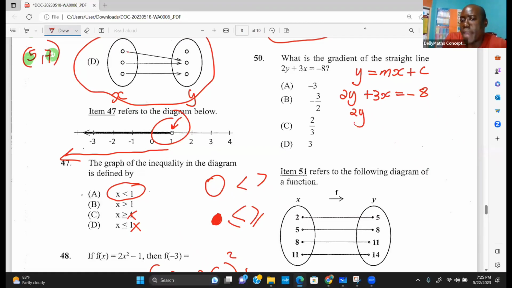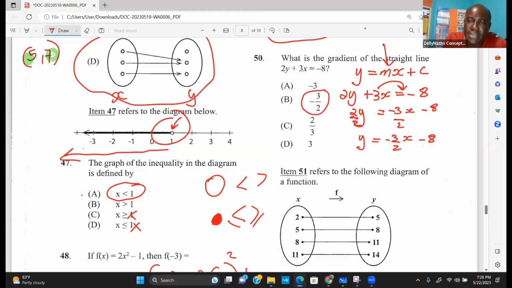I'm going to leave the 2y for now, but I'm going to get a negative 3x and then a negative 8, setting it up to suit this format. Now you divide both sides by your 2. So you have y is equal to negative 3 over 2x, then minus 8. So negative 3 over 2 is the answer.